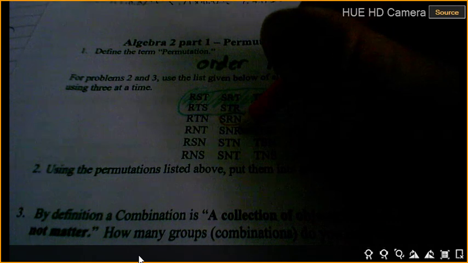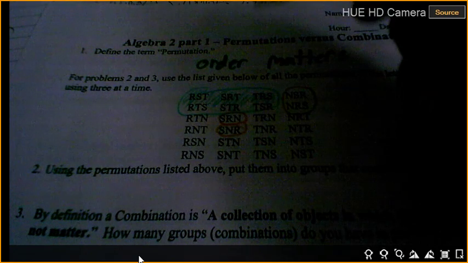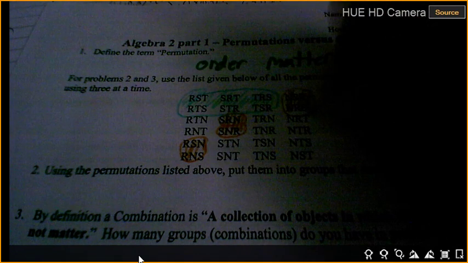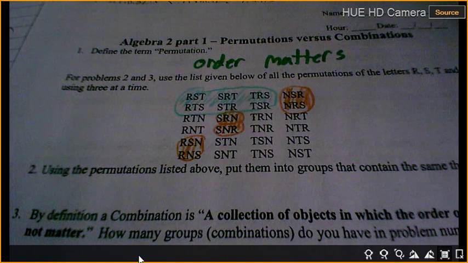N, S, R. Any others? N, S, R, these. Okay, so these ones in orange. That's another group, right? You guys with me so far?